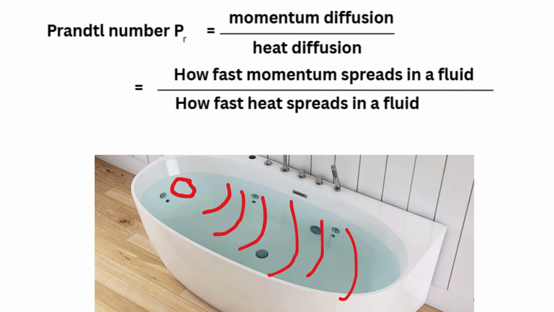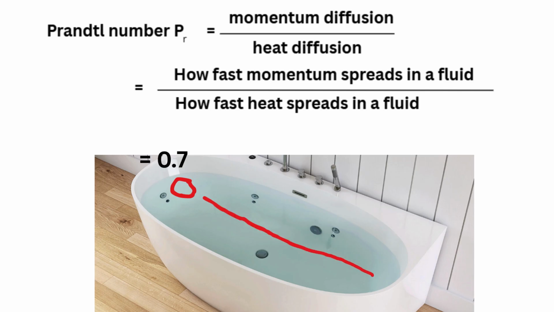Now the heat diffusion is also exactly the same. It is, you could say, the conductivity of the fluid itself. It is the speed at which any temperature disturbance will transfer the heat towards the end of the fluid. Like in the diagram, if you dip something hot at one end, how fast it will reach the other end. So that's a pretty simplified way in which you can understand it.